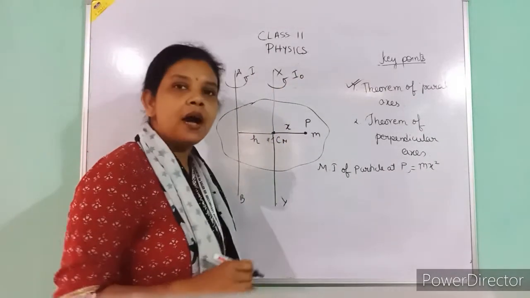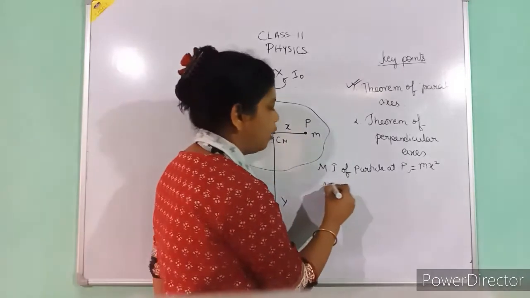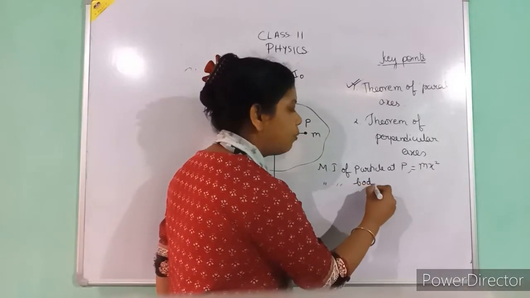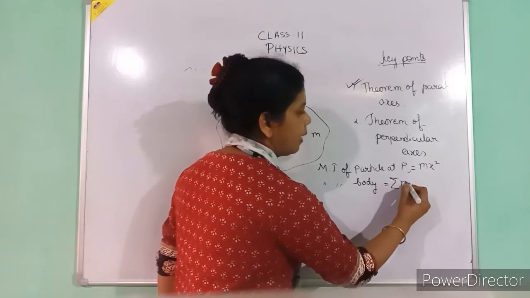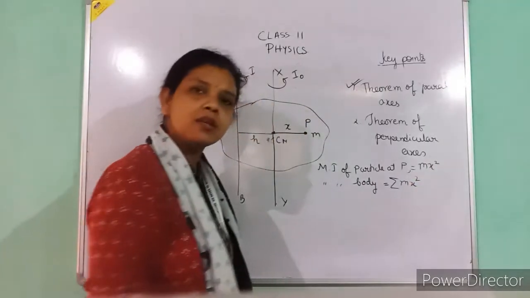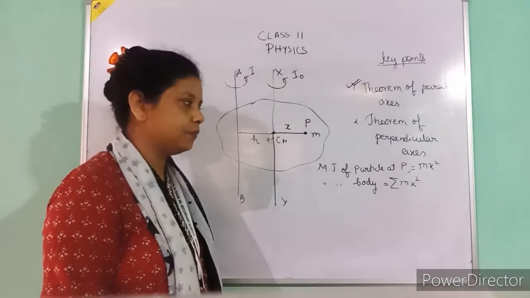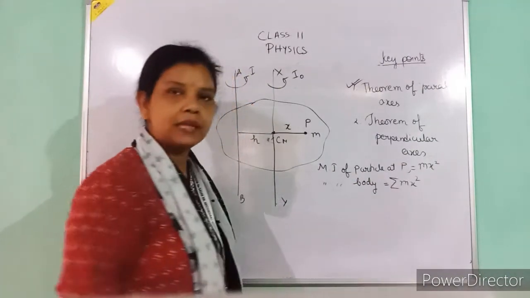Now if instead I asked you the moment of inertia of the entire body, you will say that ma'am, it will be sum over m x square. Yes, sum over m x square. So this is the moment of inertia of the body about xy.